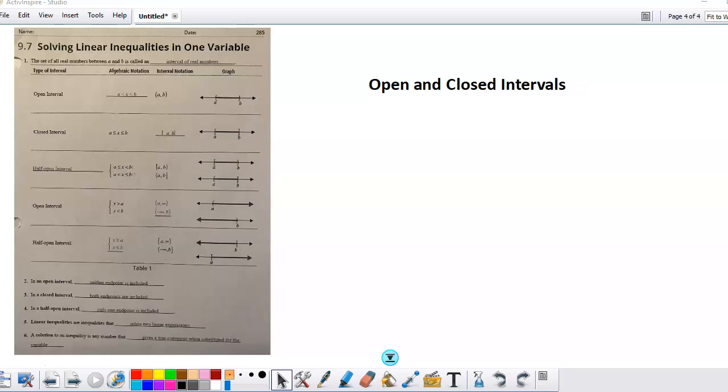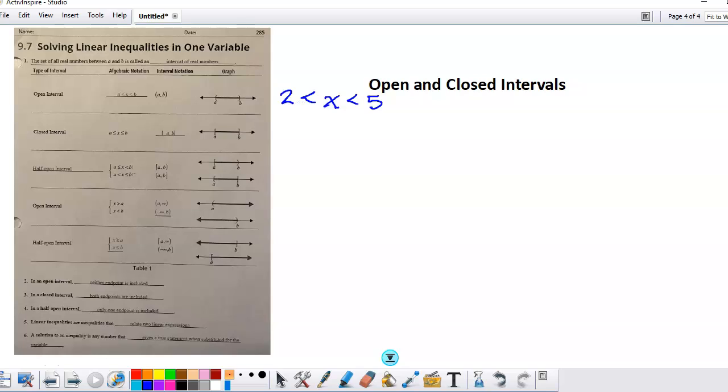Say we have solved a problem and we got an answer that looks like the top thing, a less than x less than b. What they are saying is they got an answer like 2 is less than x is less than 5.